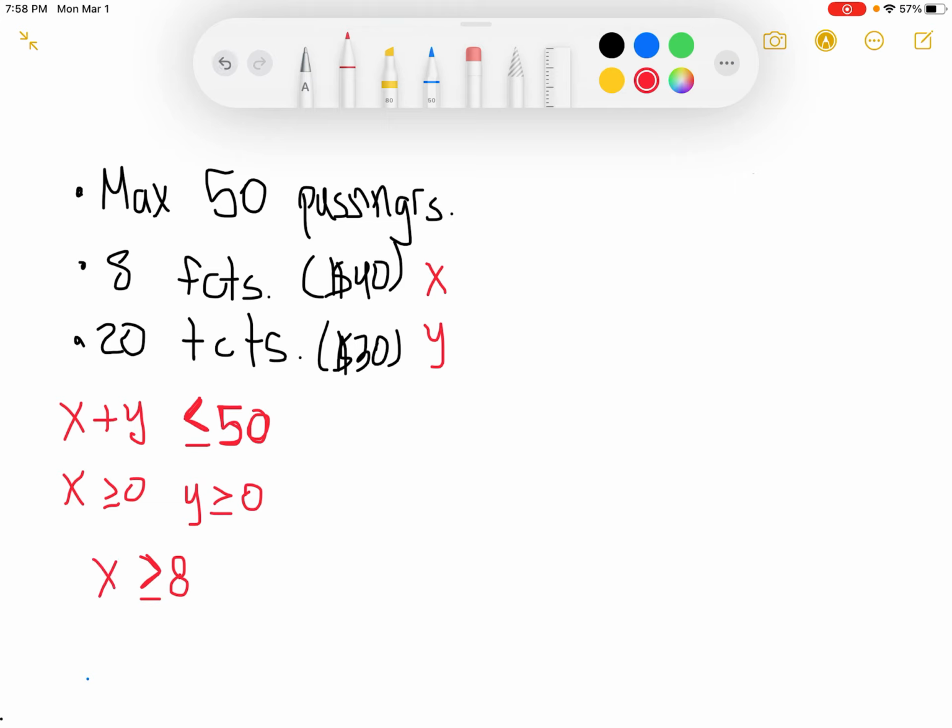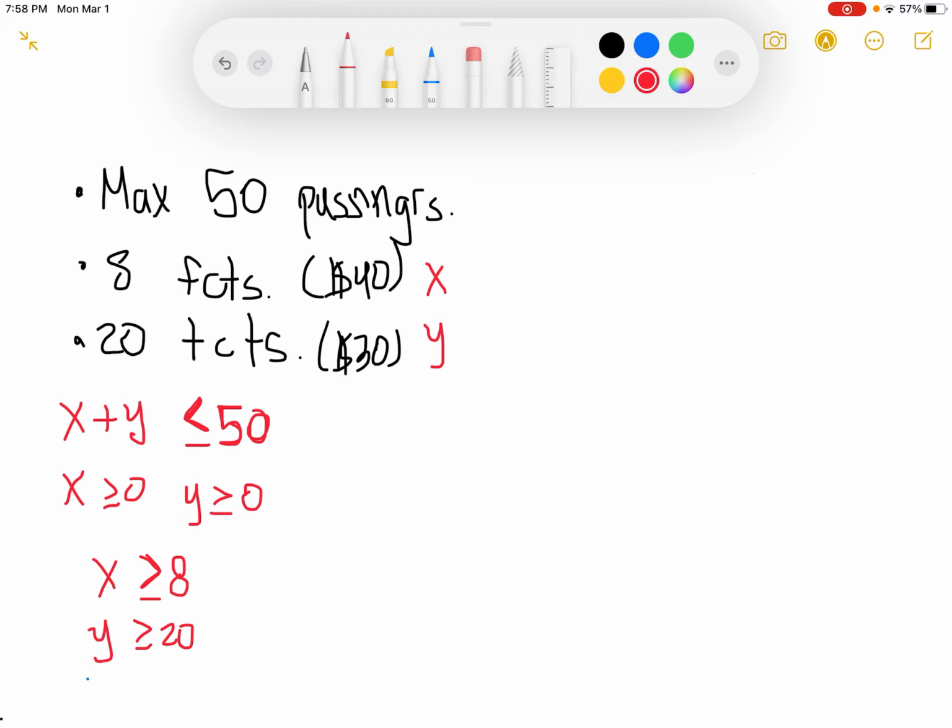Then we have Y. Y is the tourist class tickets, and there has to be at least 20. So that means it can be greater than 20, it can be 20, but it just can't be less than 20. So we have our constraints. That's all we're given.